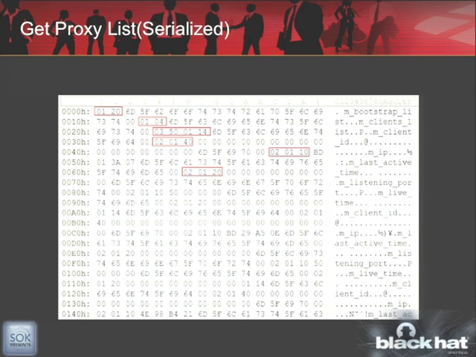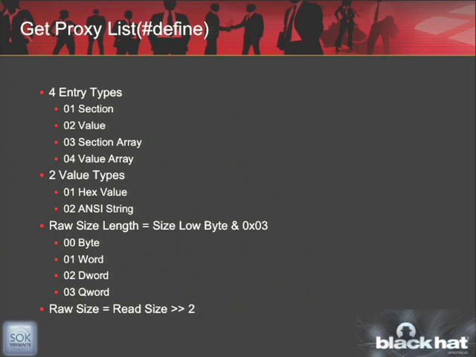So next, the question is, what do those values represent? There are basically 4 types of entries. 01 means a section, 02 means a value, 03 is a section array, and 04 is a value array.